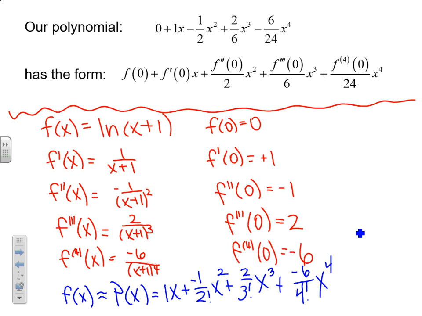You need to remember a pattern. If you can take derivatives, evaluate them, and remember this pattern, you can make any Taylor polynomial that you want. That is all we're doing.